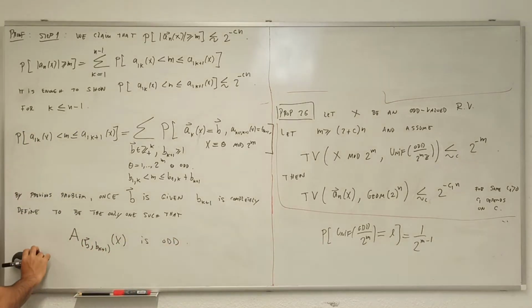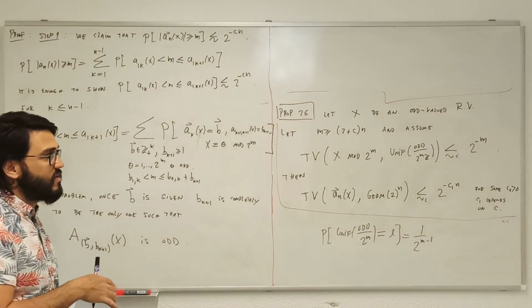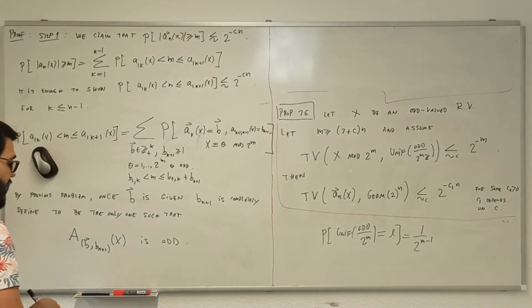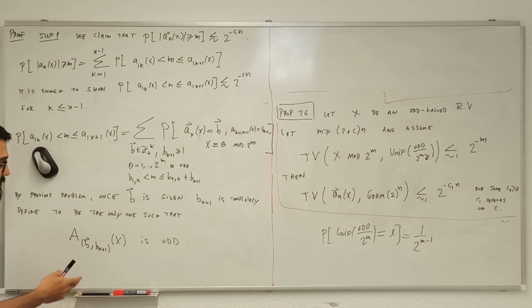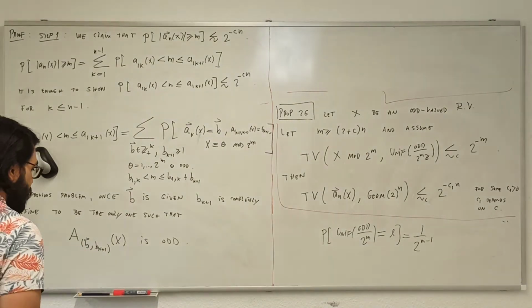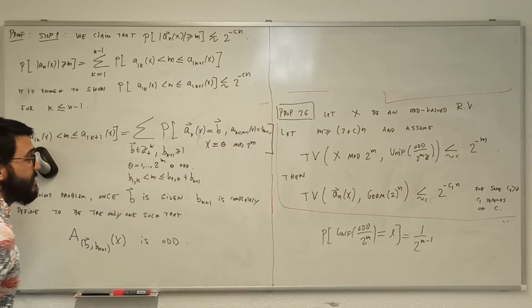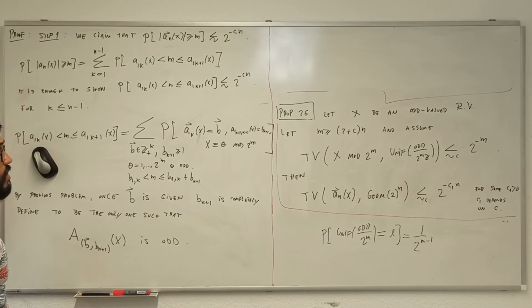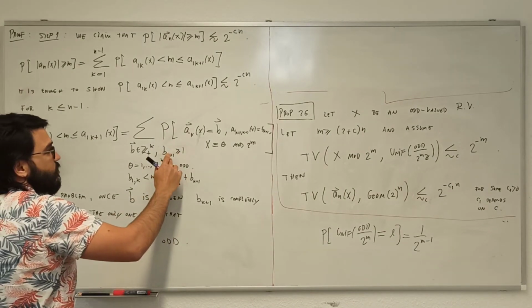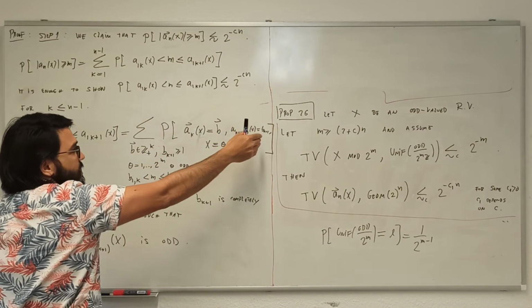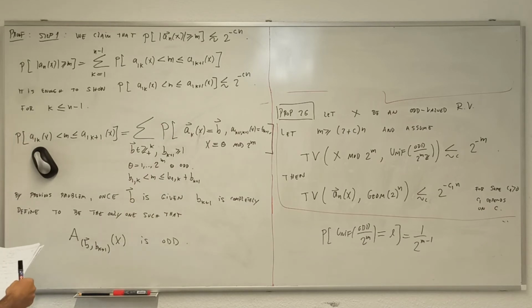So imagine that I fix the value of x to be something. Okay. So once you have that, given a b, there is only one b_{k+1} such that this is odd. So this is the first claim that I say. Once I give b, b_{k+1} is completely defined. So all the other possibilities for b_{k+1} can't be chosen because the probability of that will be 0.